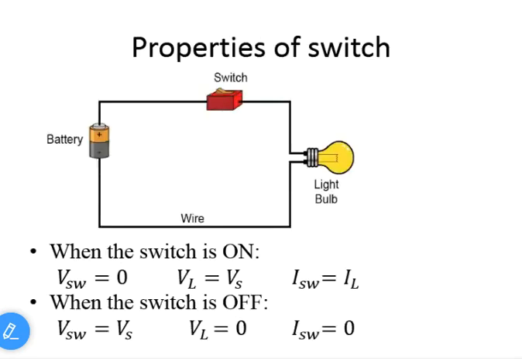Now, let us go further. Let us discuss the properties of the switch, which is considered to be very important in this topic. For this case, let us take three elements: battery, switch, and load, nothing but a bulb.